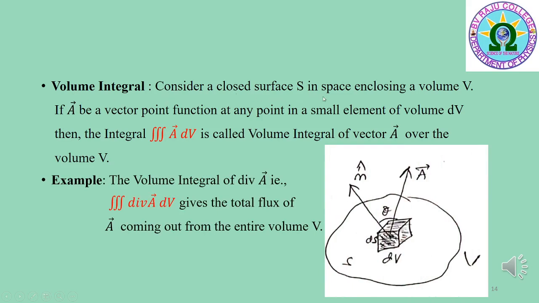Consider a closed surface S in space enclosing a volume V. If A bar be a vector point function at any point in a small element of volume dV as shown in the figure, then the triple integral of A bar dV is called the volume integral of vector A bar over the volume V. Example, the volume integral of div A bar dV gives the total flux of A bar coming out from the entire volume V.